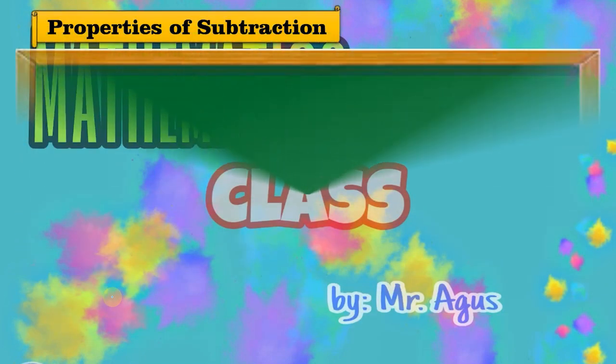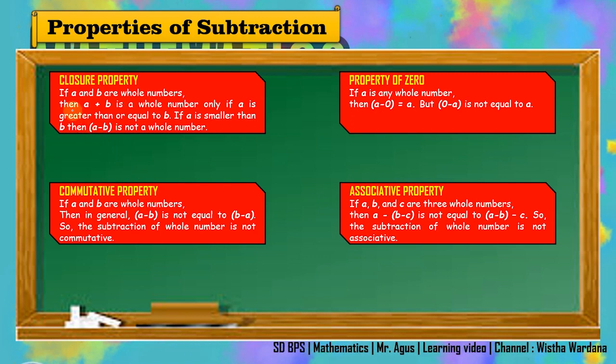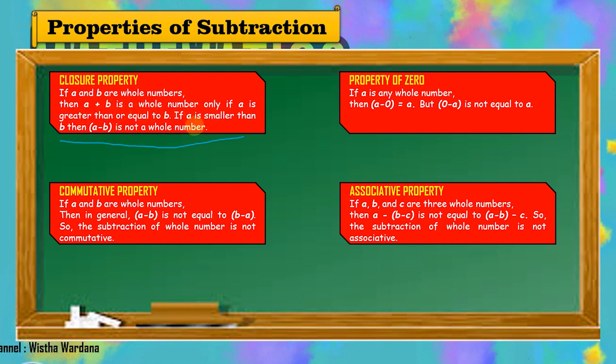The next slide is about properties of subtraction. Start from closure property. Let's check together. If A and B are whole numbers, then A minus B is a whole number only if A is greater than or equal to B. If A is smaller than B, then A minus B is not a whole number.